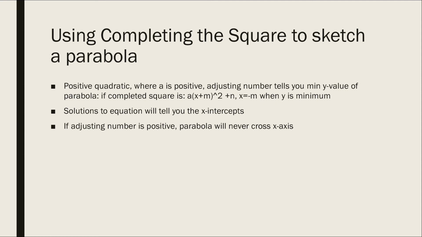If the completed square is a times x plus m whole squared plus n, the minimum y value will occur when the brackets are equal to 0, because the bit in brackets is squared, so it's never negative. Remember, this is only when a is positive. So that means when x is equal to minus m.